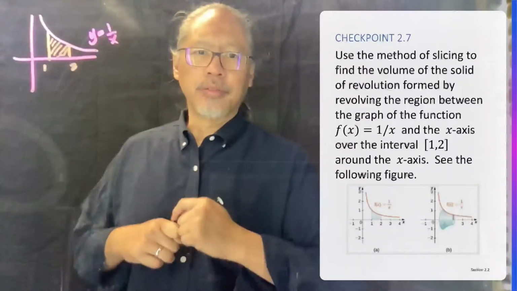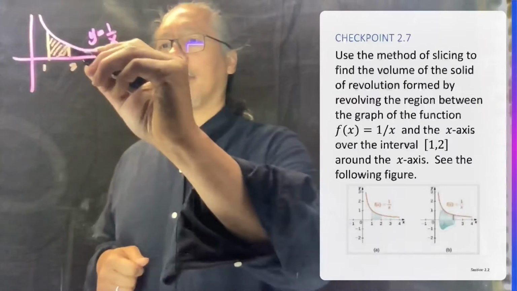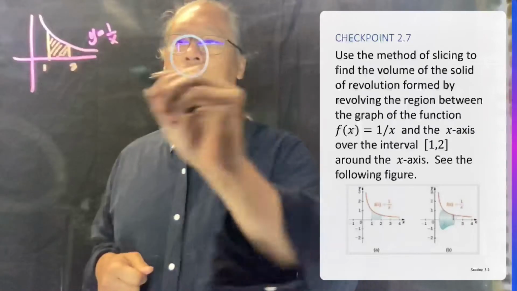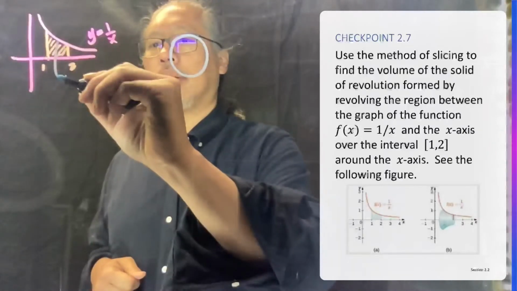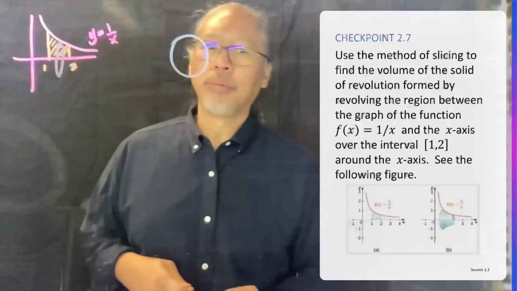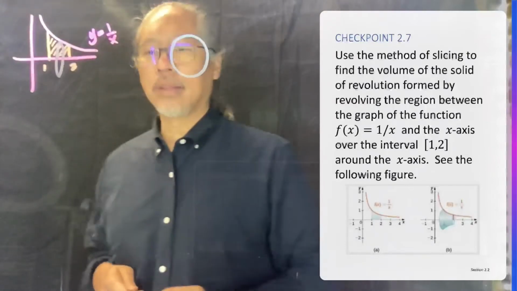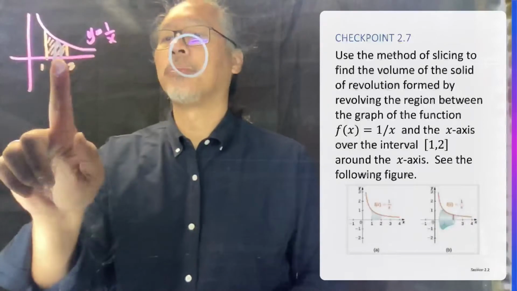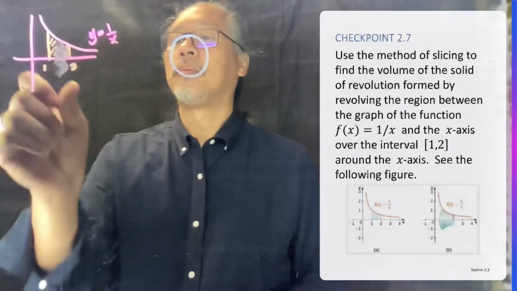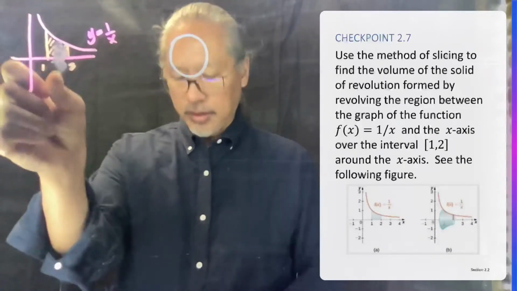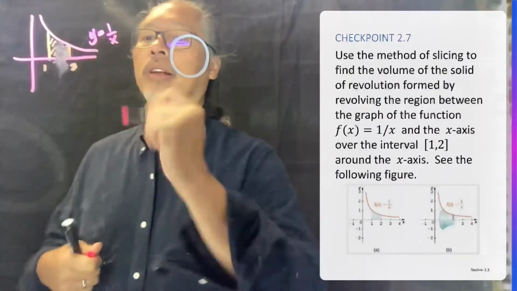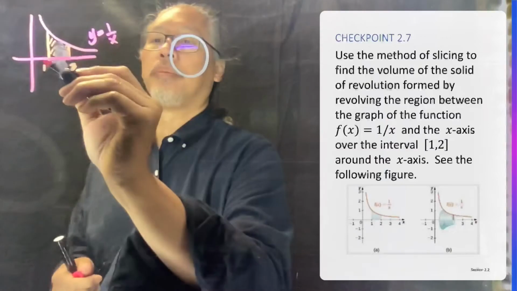I'm not going to draw the second figure, but what happens in a rotation is that we get this circular object in one of those slices, and I actually don't want to mess this picture up too much, so let me take that out and redraw this axis real quick.